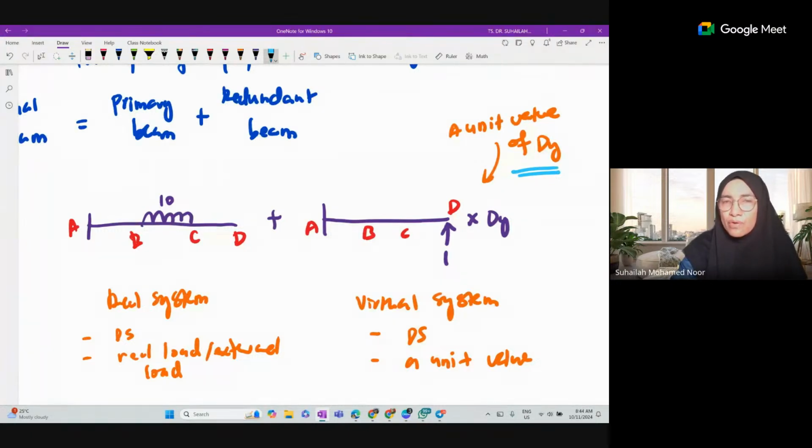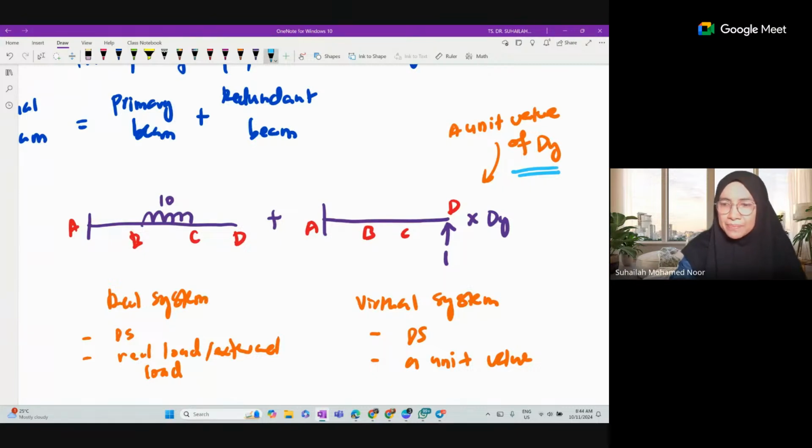The redundant beam is a system, a structure, a beam, a frame, a truss subjected to a unit value of redundant. By comparison, the virtual system, virtual beam, virtual frame, virtual structure is a determinate system subjected to a unit value.